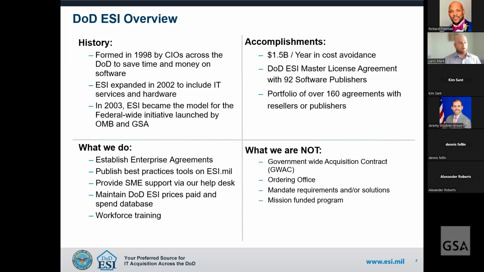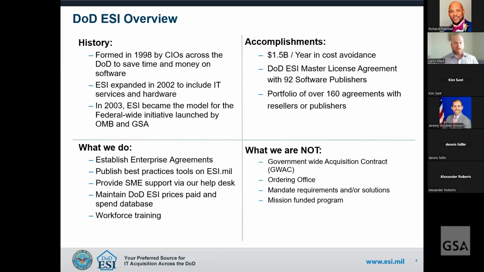So some things that we are not. We're not a GWAC, so we're not a government-wide acquisition contract like NASA SEWP or GSA. We are not an ordering office, so all of our agreements are decentralized. So you would utilize your own contracting office for ordering off of DoD ESI agreements.